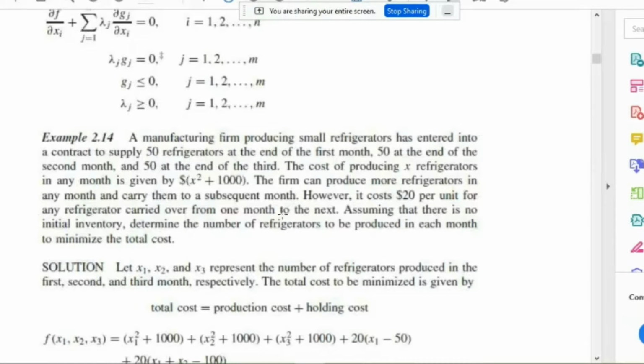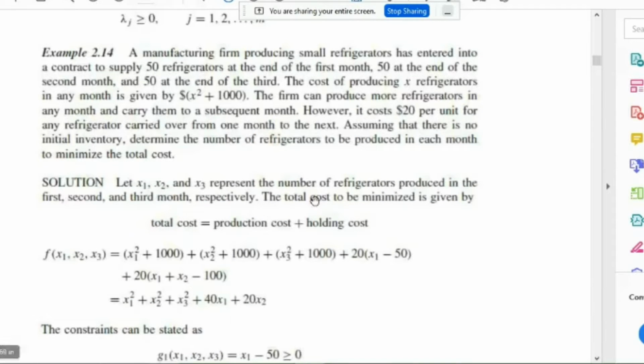So, to optimize the total cost of production and carrying, what is the optimal quantity of refrigerators to be produced during the first month, second month and third month, right? The total cost is nothing but the summation of the total production cost and holding cost. The production cost with respect to each month is given, and the carrying cost is also given.